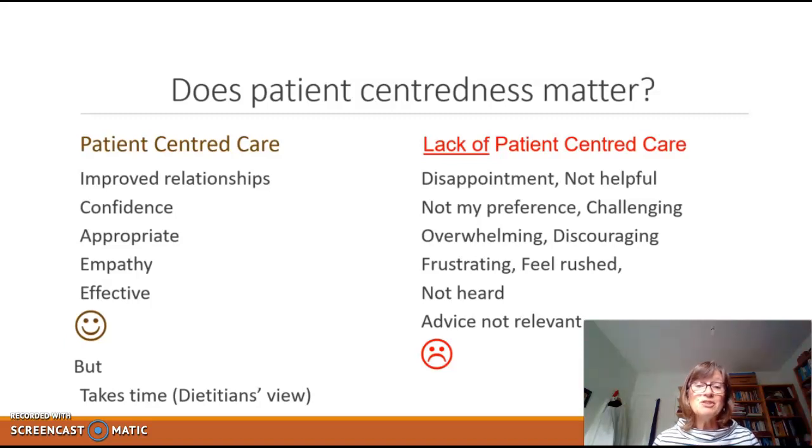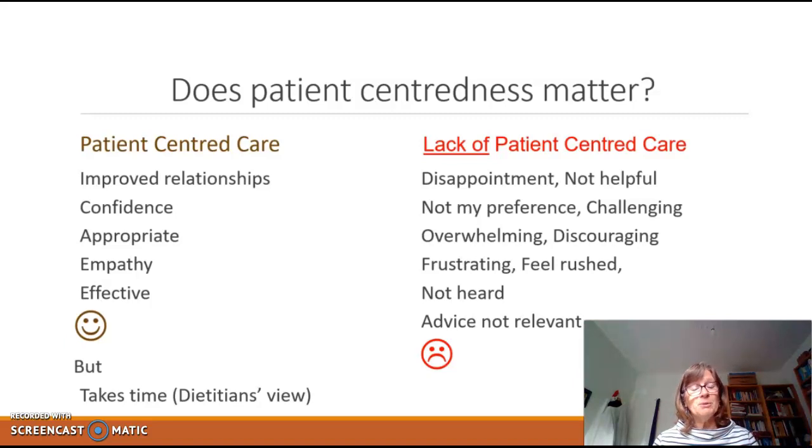They find the consultations not helpful. Their preferences are not considered. They feel more challenged by the difficulty in trying to make the behaviour change. They feel overwhelmed. They're discouraged. They're frustrated. They feel as if they've been rushed through their consultation. And most importantly, they don't feel as if they have been heard.